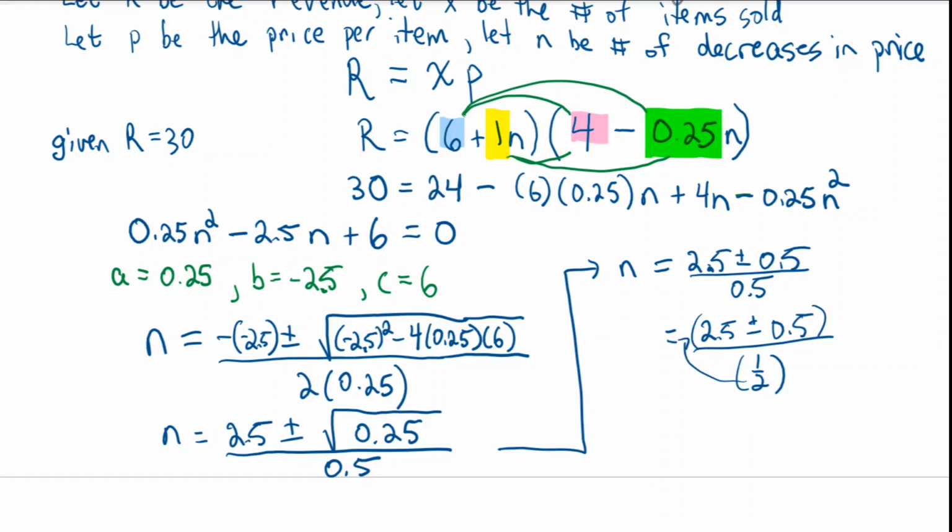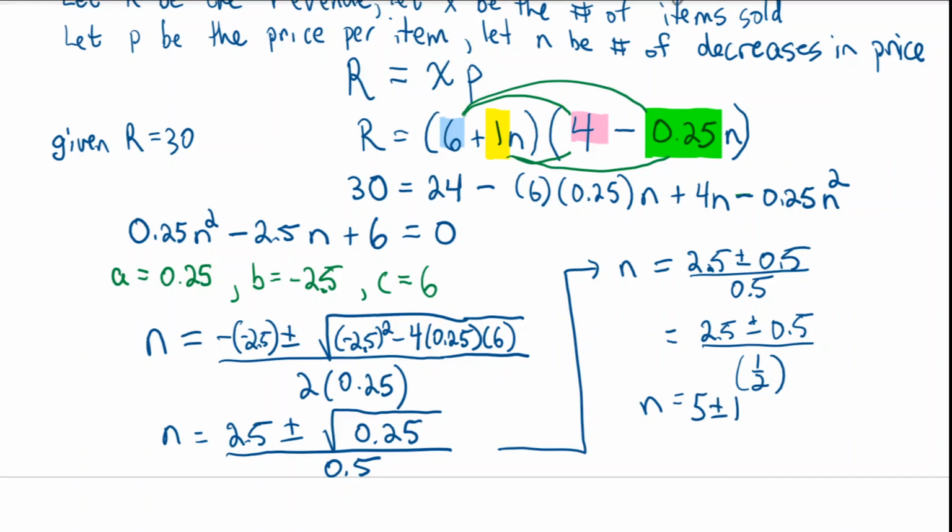It's like you have 2 times 2.5, 2 times 0.5. So what I'm going to do now is just double my numerator. And you'll see I end up getting n equals 2.5 times 2 gives you 5 plus or minus 2 times 0.5 is going to give you back 1.